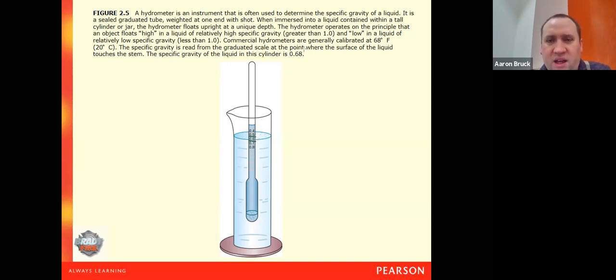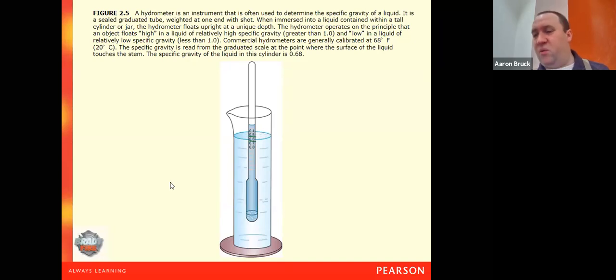Your book actually estimates that that puts it around 0.68, which means that this substance is about 68% of the density of water, which would put it right on par with a number of organic materials like heptane, hexane, pentane, and so on.